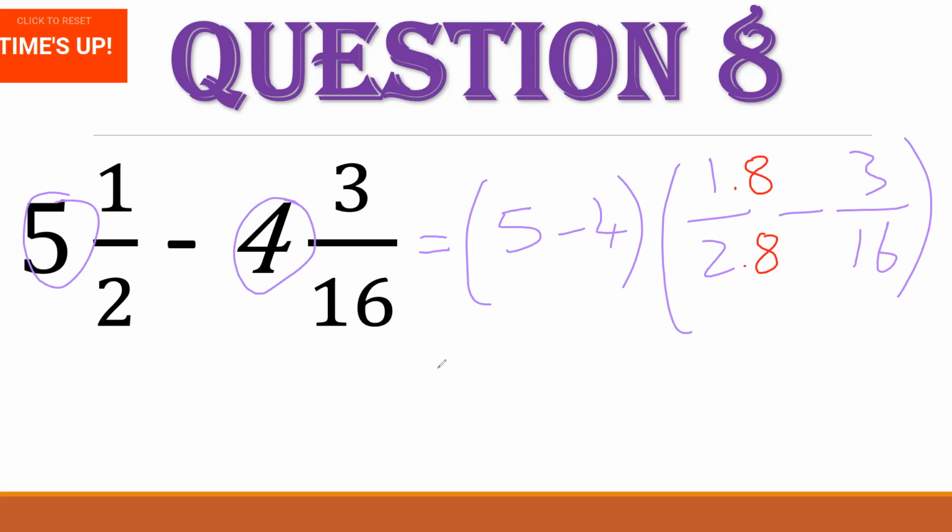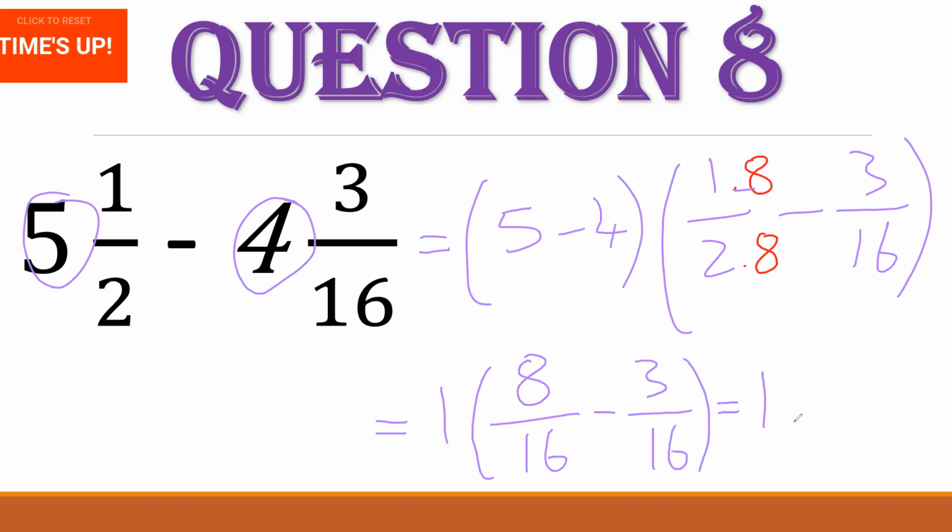So 5 minus 4 is 1. And 1 times 8 will be 8 over 16 minus 3 over 16. And 1, I have, just carry on with that. 8 minus 3 over, okay, we need space.